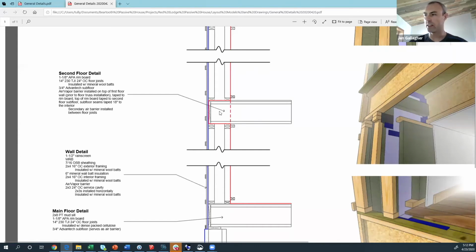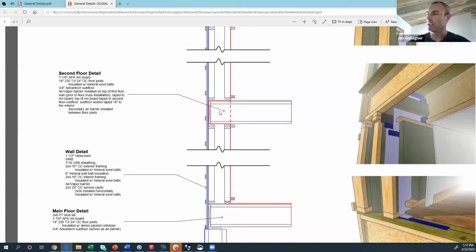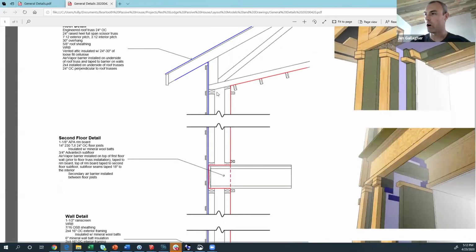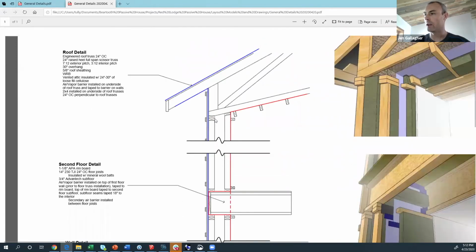And I wouldn't say that it's hard. I would suggest I might do it slightly differently, and when we get to those pictures, I can explain what that might be. But it wasn't an overly hard detail to achieve. Then we go up to our second floor walls, exact same as our first floor walls, just double stud. And then we've got an engineered roof truss that is sitting on top of those walls.